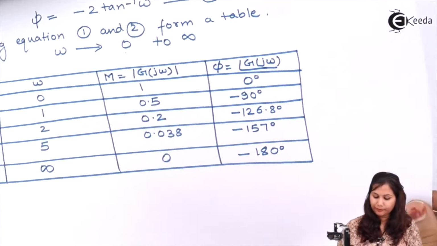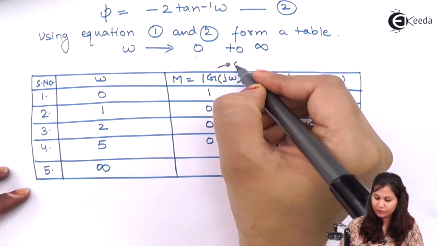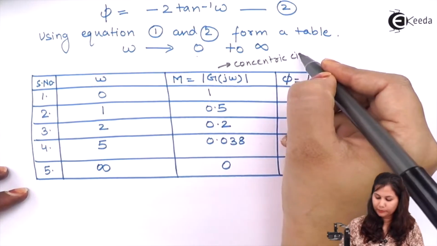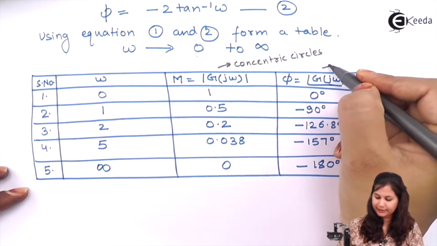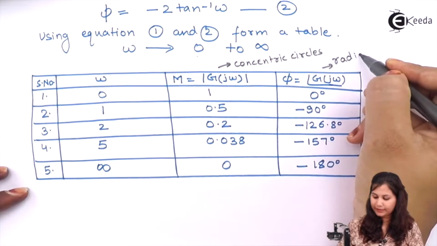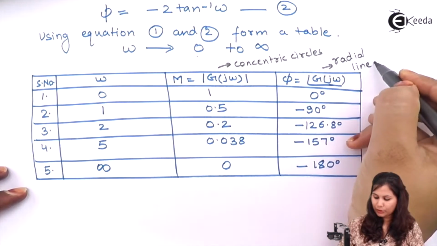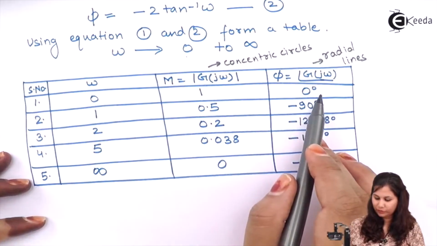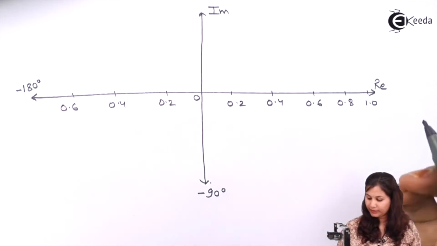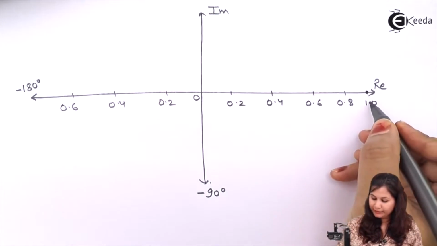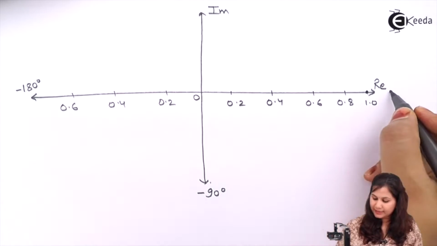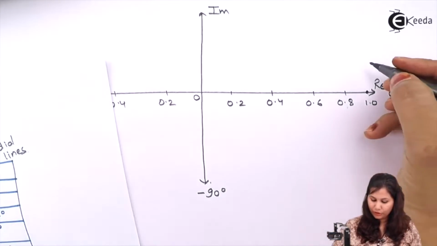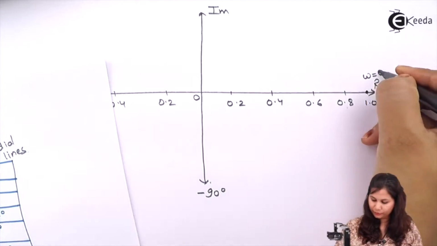Now magnitude is represented by concentric circles on the polar plot, and phase angle is represented by radial lines. So for omega equals 0, the phase angle is 0 degrees and the magnitude is 1. That is this point. So this is for omega equals 0.